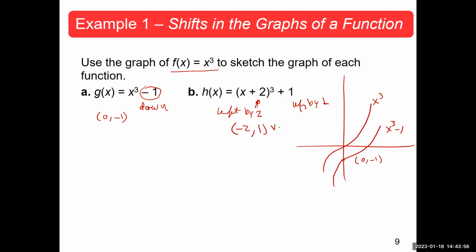That's the vertex. So basically, I can use the same graph here. I need to find this location. So this point 0, 0 is going to move to negative 2 and 1.